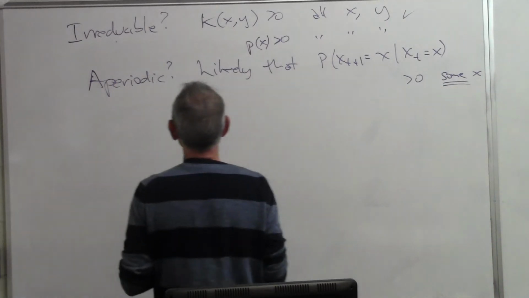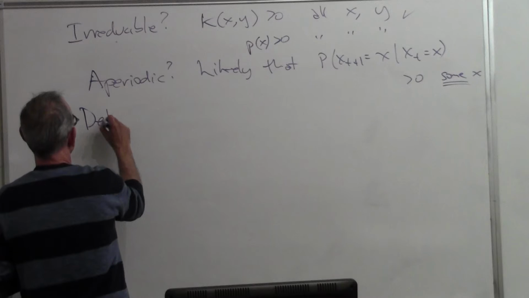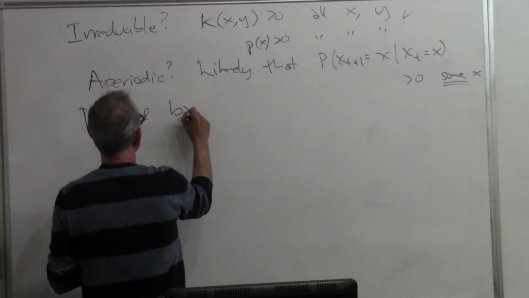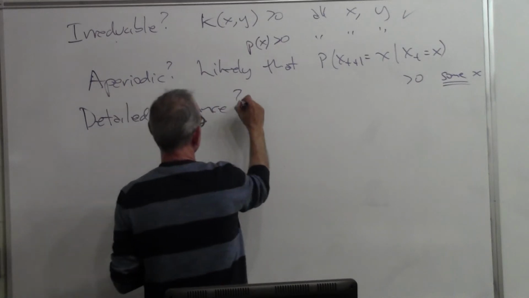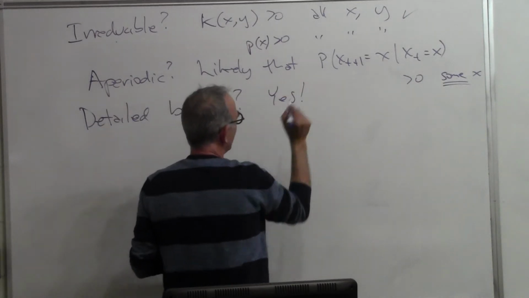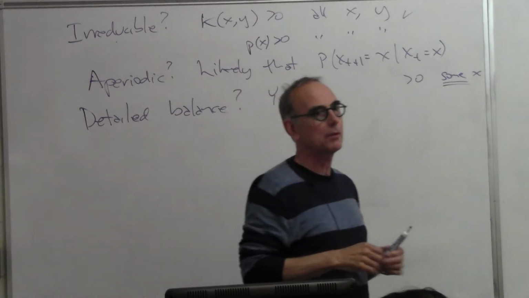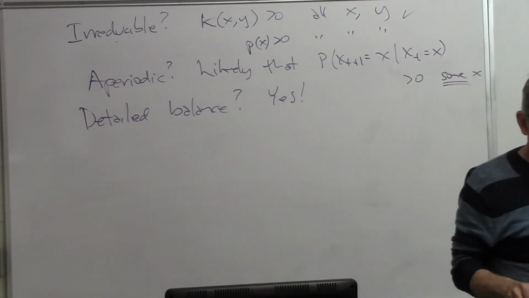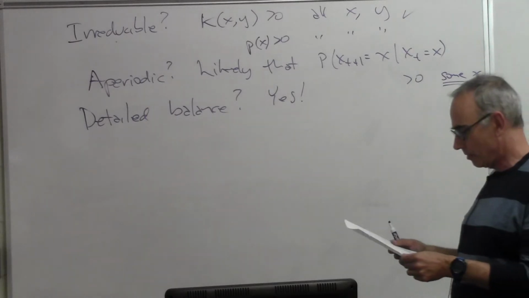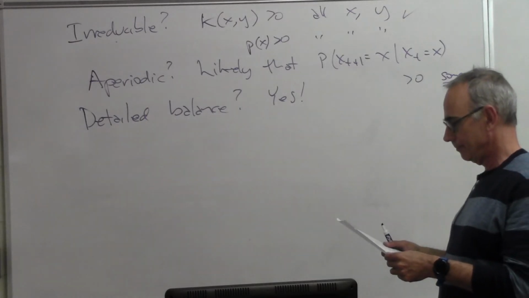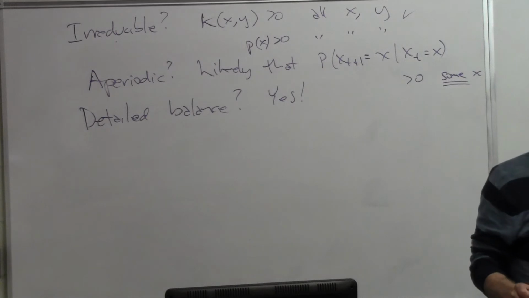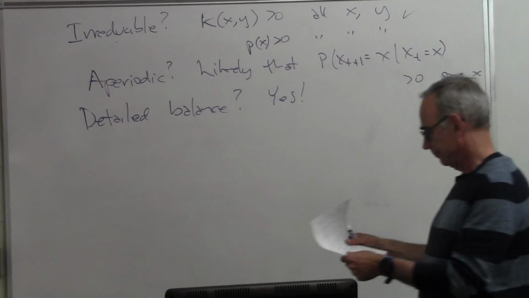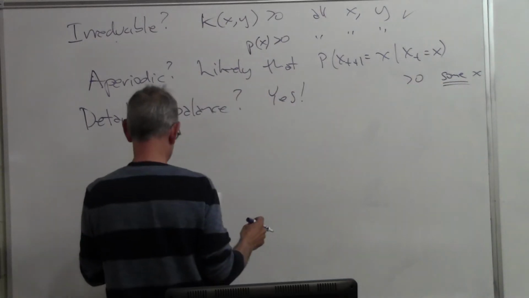And then finally, detailed balance. Of course. That's the beauty of this. It's like it's nothing. I'm not going to do it. It's just annoying. It follows from the representation that, where is it?